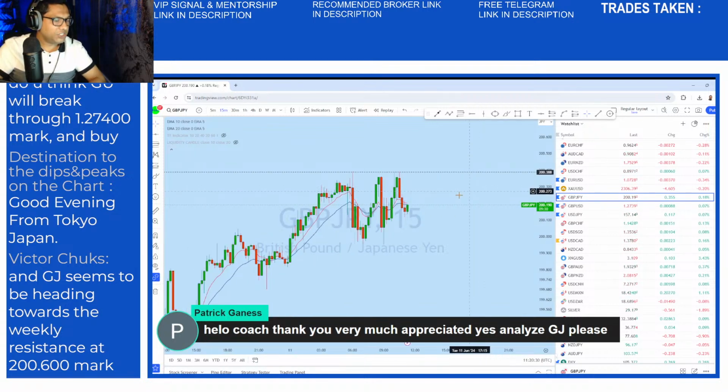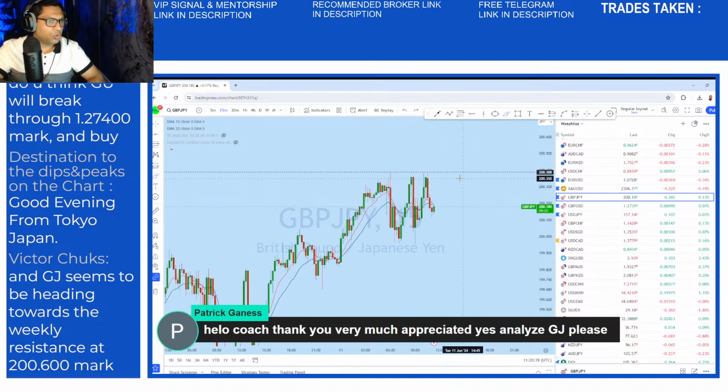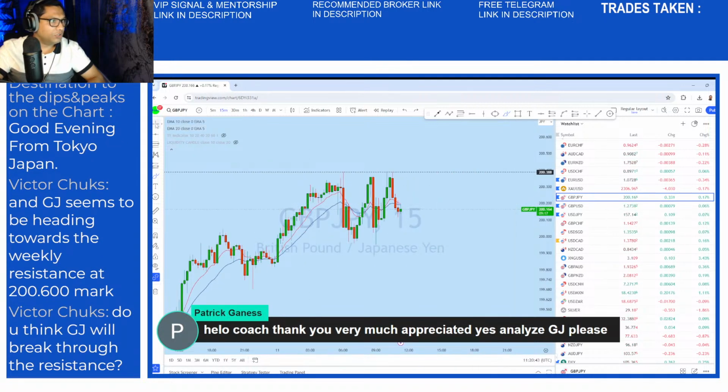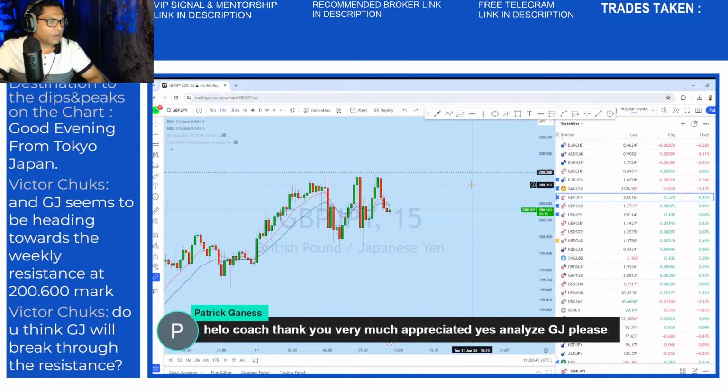On GJ, we can see there is a resistance here, so a double top on GJ. Waiting for the price to go ahead and then to drop again. Possible for a downside.